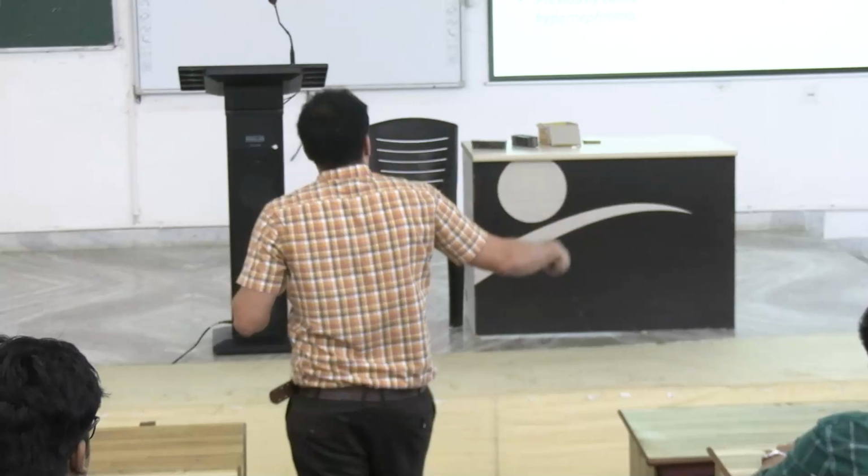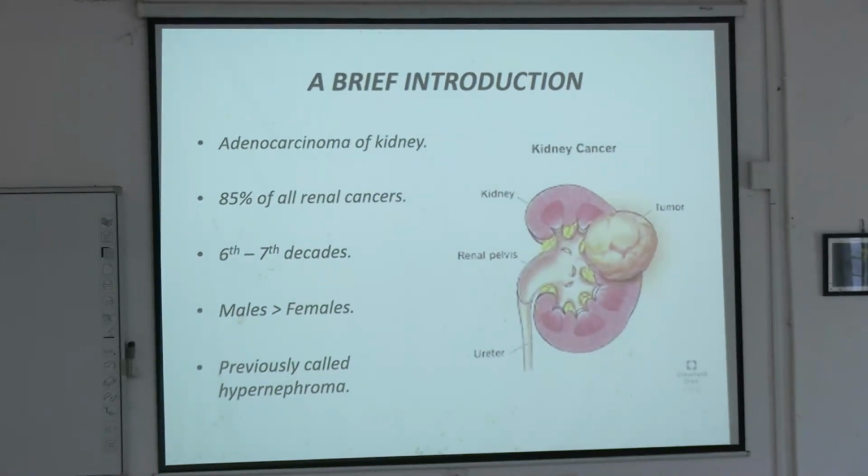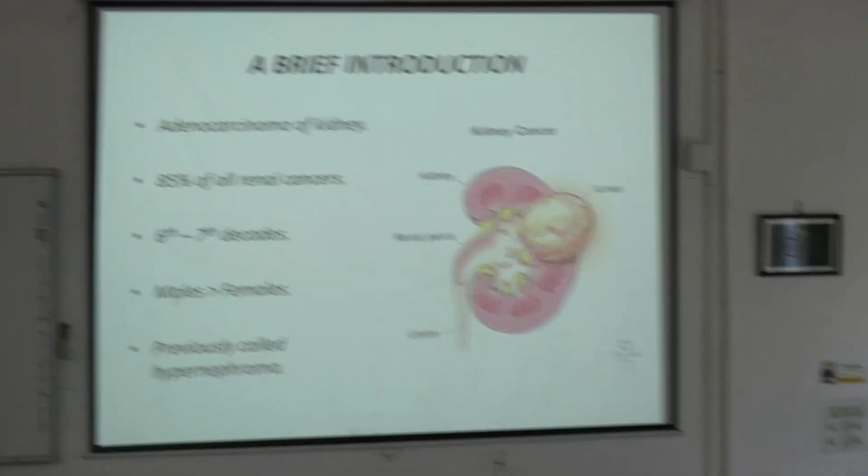Now starting the topic, it's a brief introduction. Remember, it's also called adenocarcinoma of the kidney, and RCC constitutes around 85% of all renal cancers. Can you name a cancer which happens in a younger age group, a renal cancer in the pediatric age group?